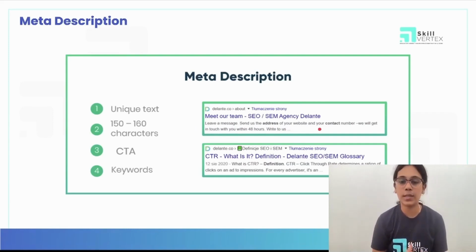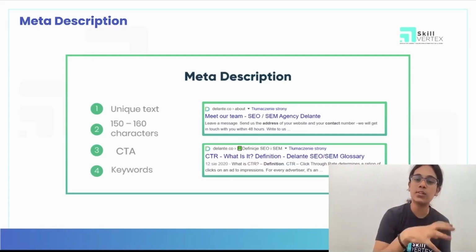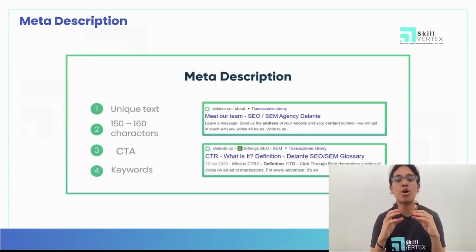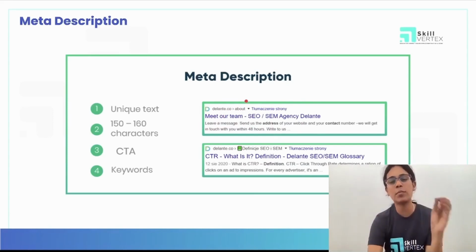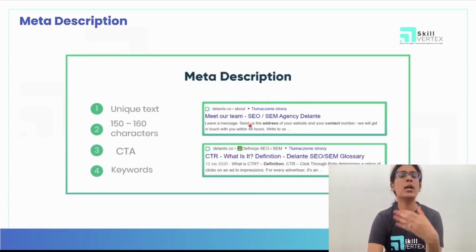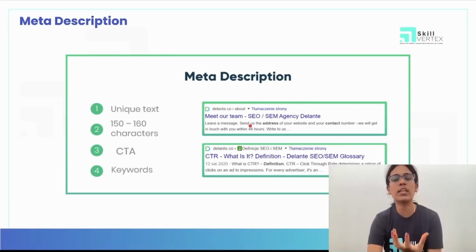After that, it's not displaying anything more. Why is it? Because this is what a meta description is. It describes what the website content is in a very short and sweet manner. It usually has keywords and unique text that is not on the website. Sometimes people take content from the website and put it in the meta description, but it's better to have unique, proper text to attract the audience.